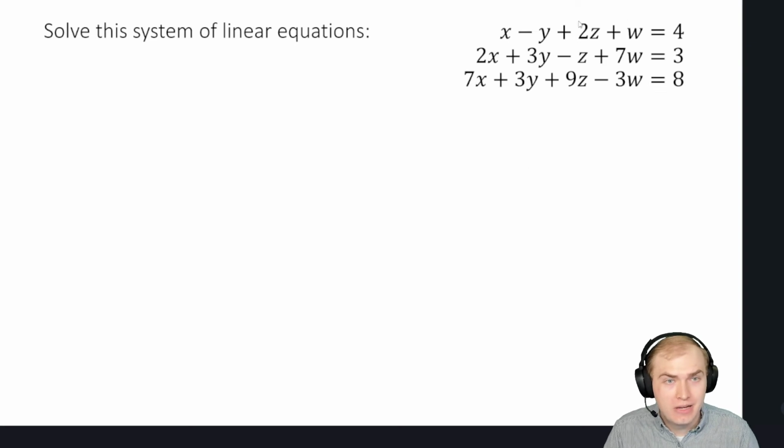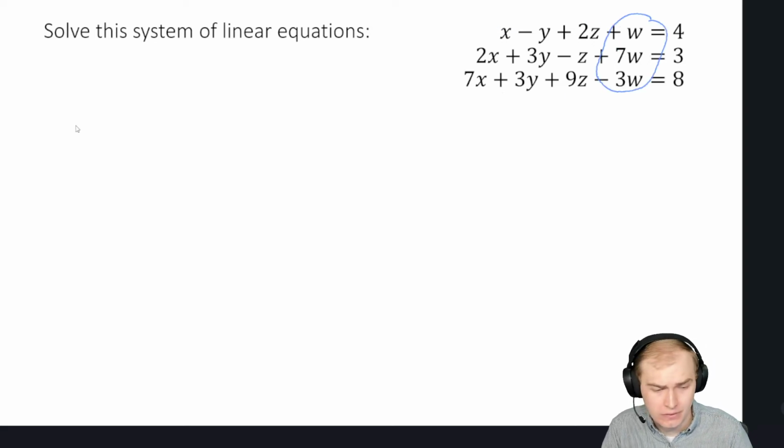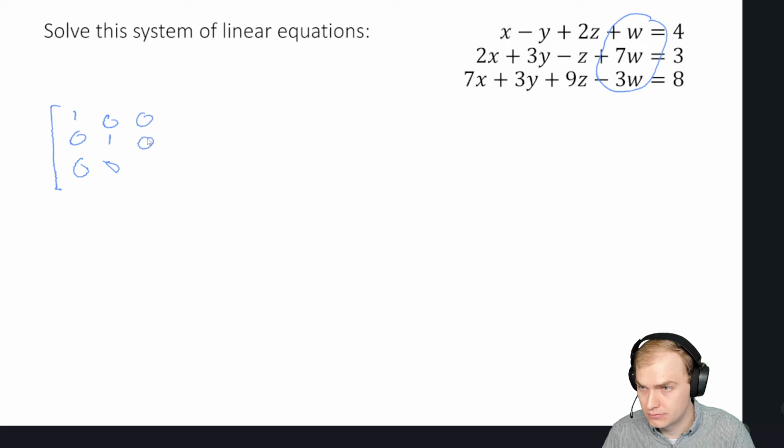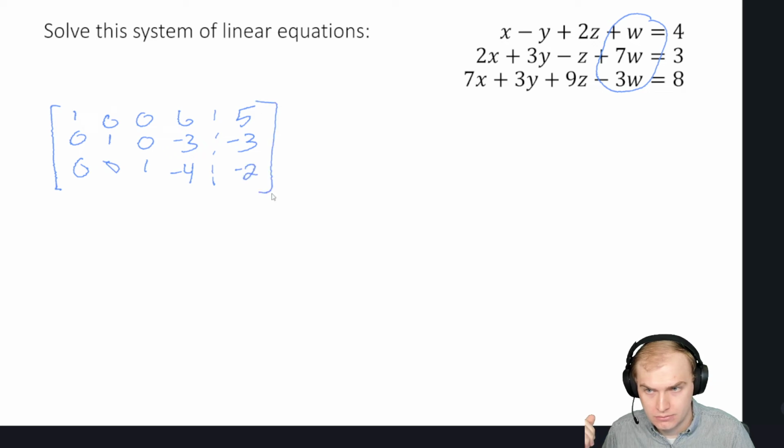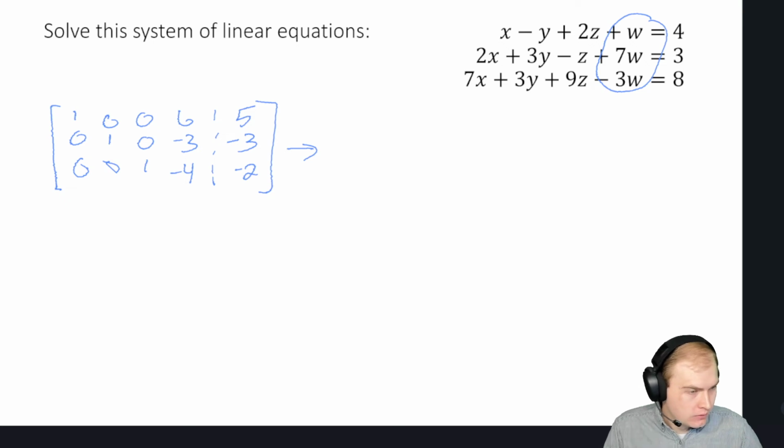What if we have the same system here, but with just a new column? Just to be quick about it, performing exactly the same row operations gives this augmented matrix. Oh, we've got a few people.